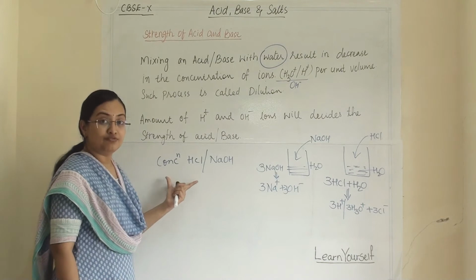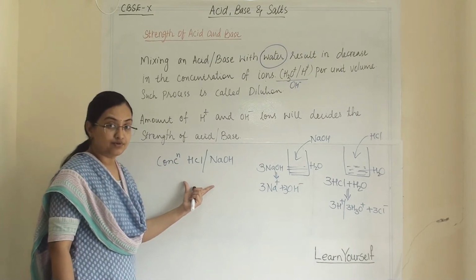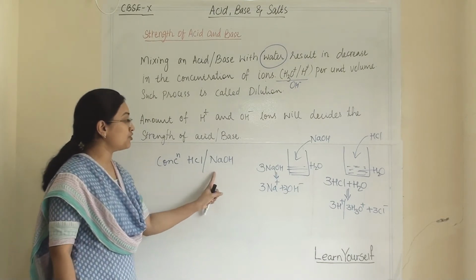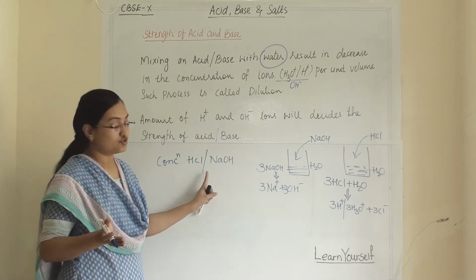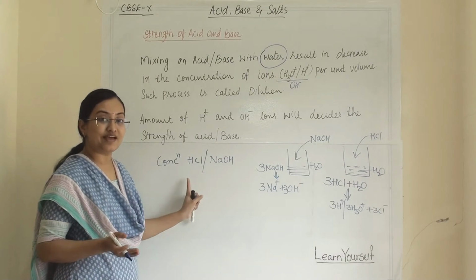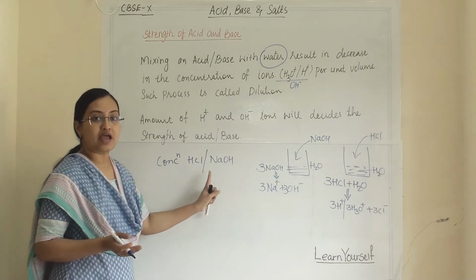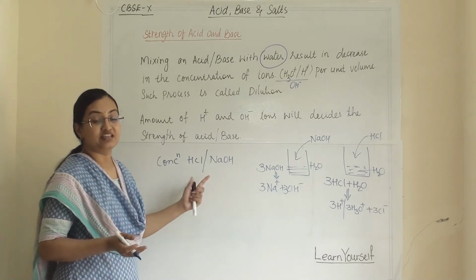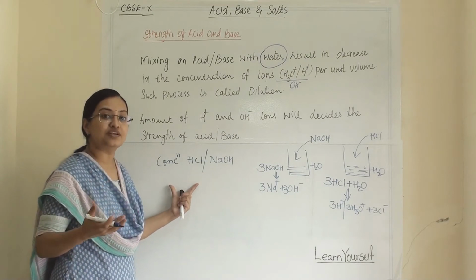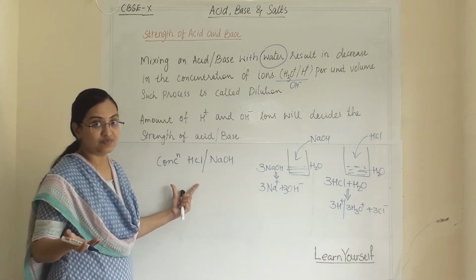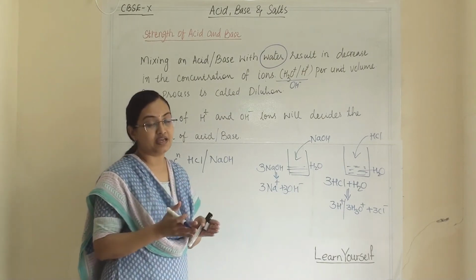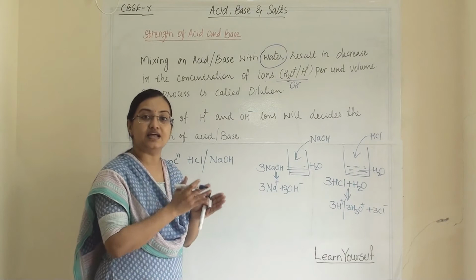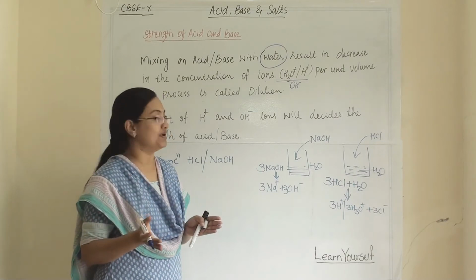When we see this type of labeling in the laboratory, it suggests that the amount of acid and base is more compared to water. So these are concentrated, that means strong acid and strong base. They are termed concentrated acid and concentrated base. But when we add more water to acid and base, they are termed diluted acid and diluted base.